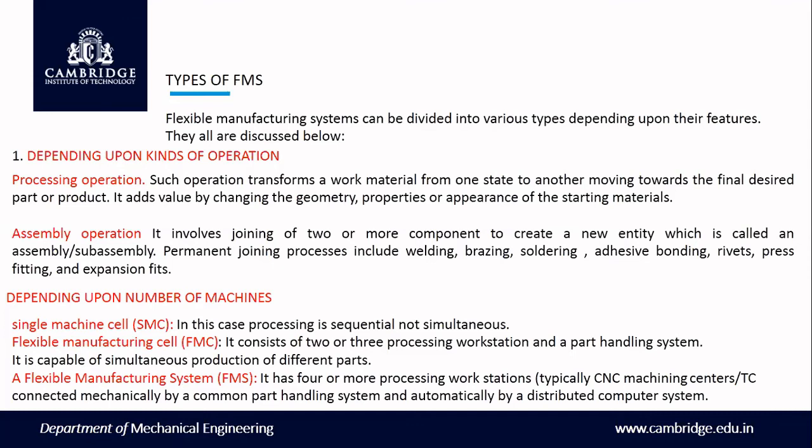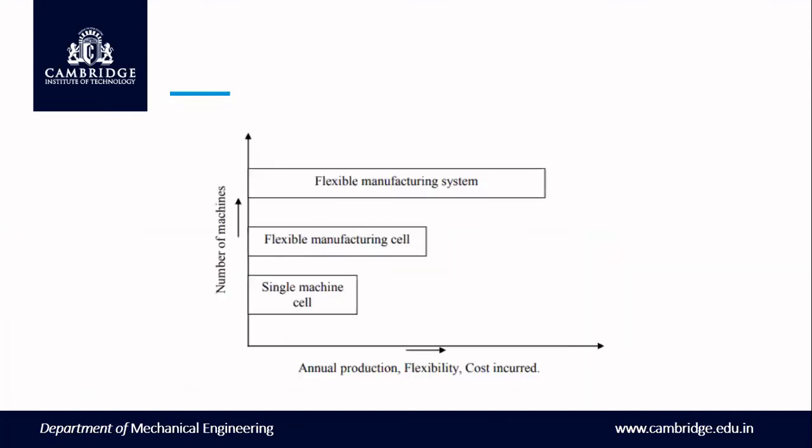In the next slide you can see what a single machine cell is, how much product you can produce, and how much a flexible manufacturing cell can produce. Here you can see the number of machines, annual production, flexibility, and cost incurred.